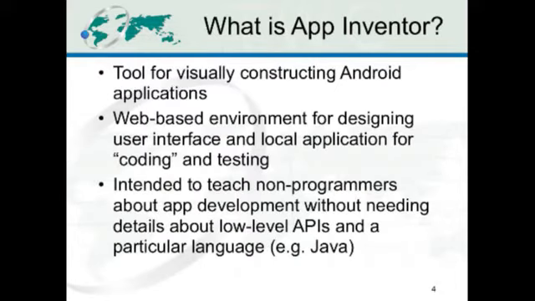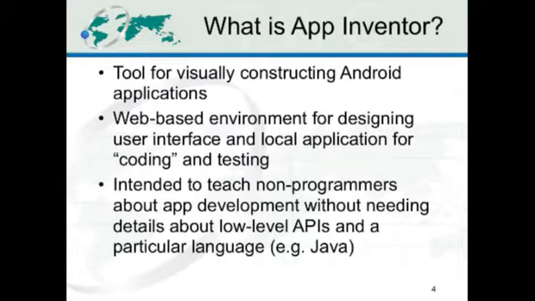So, what exactly is the AppInventor? It's a tool for visually constructing Android applications. It's a combination of web and local. So the designer, which we'll get to in a second, is web-based. You just open your browser. It's built in GWT, and it will work on Chrome, Safari, Firefox, and Internet Explorer.